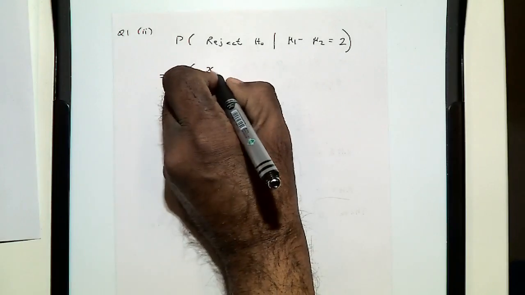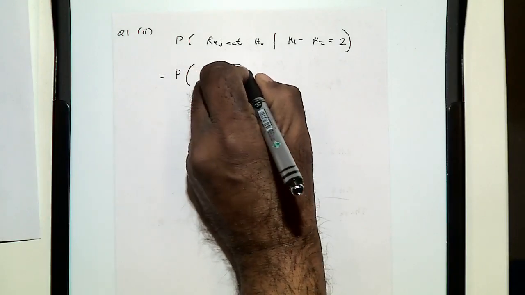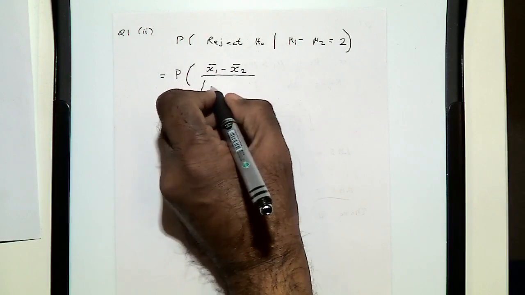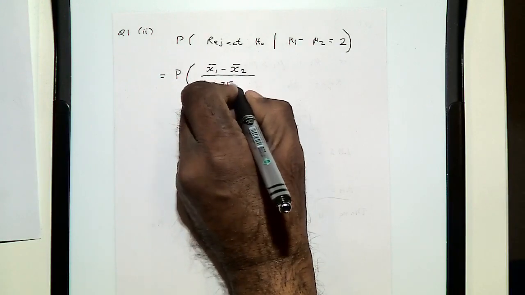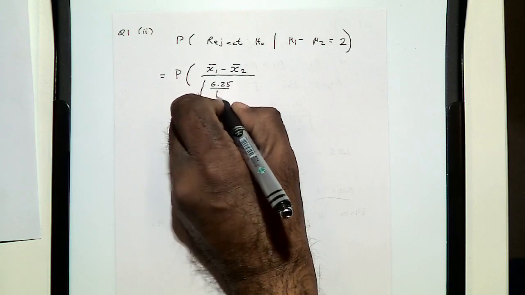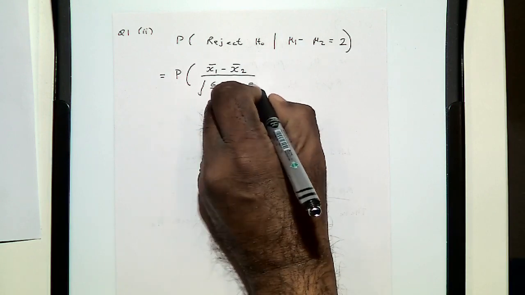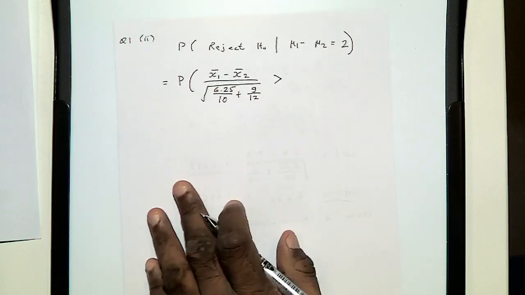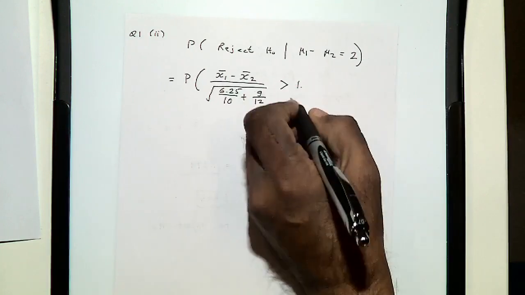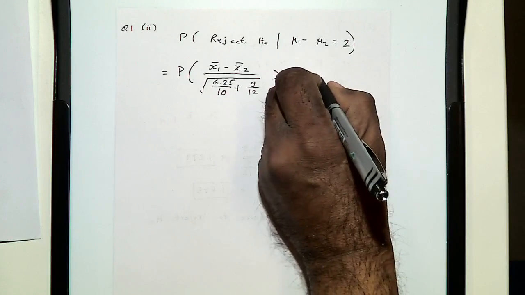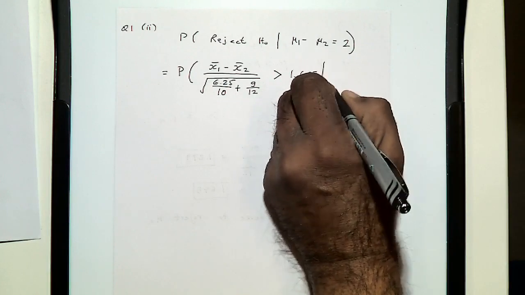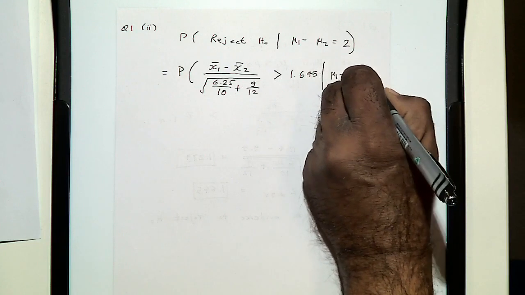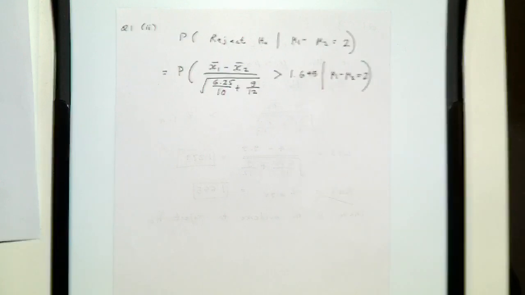It's going to be x bar 1 minus x bar 2 divided by the square root of sigma 1 squared, which is 6.25, over n1 plus sigma 2 squared over n2, greater than 1.645. Okay, this is what you get.